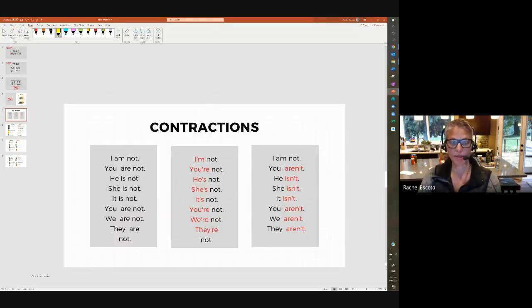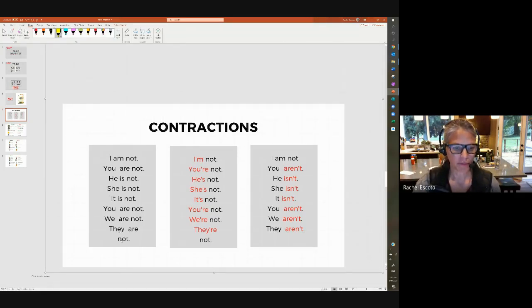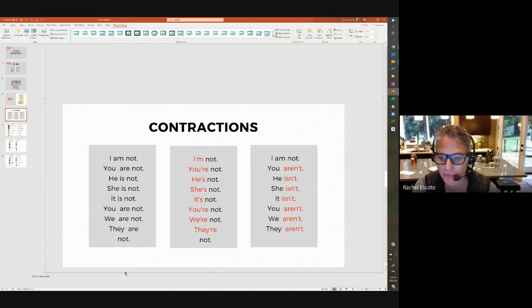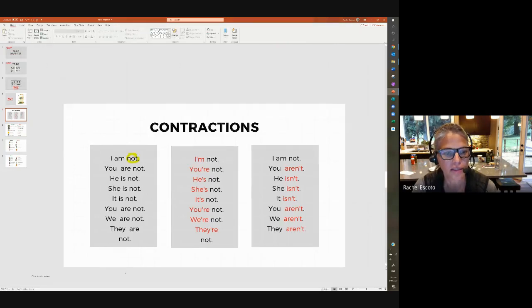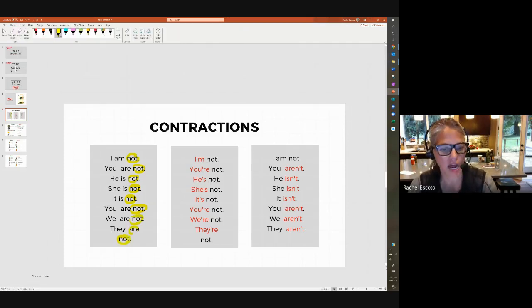But, of course, just to make it a little confusing, we have contractions. Now, the regular form of the verb to be. So we have I am not, you are not, right? Here's all the not. This is the not that tells us we're dealing with a negative. That's the indicator that we are dealing with a negative. But for contractions, it's a little bit the same.